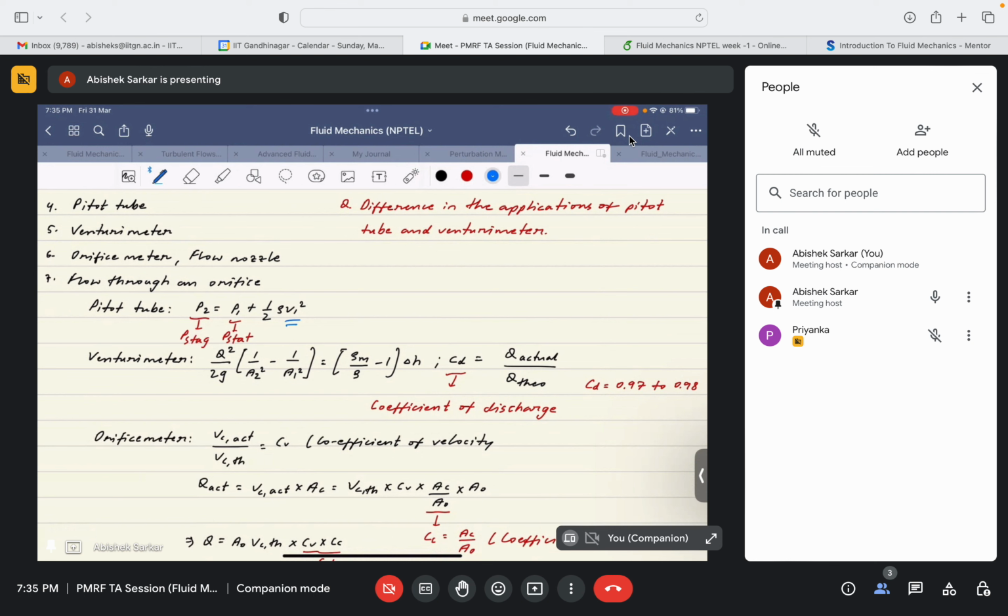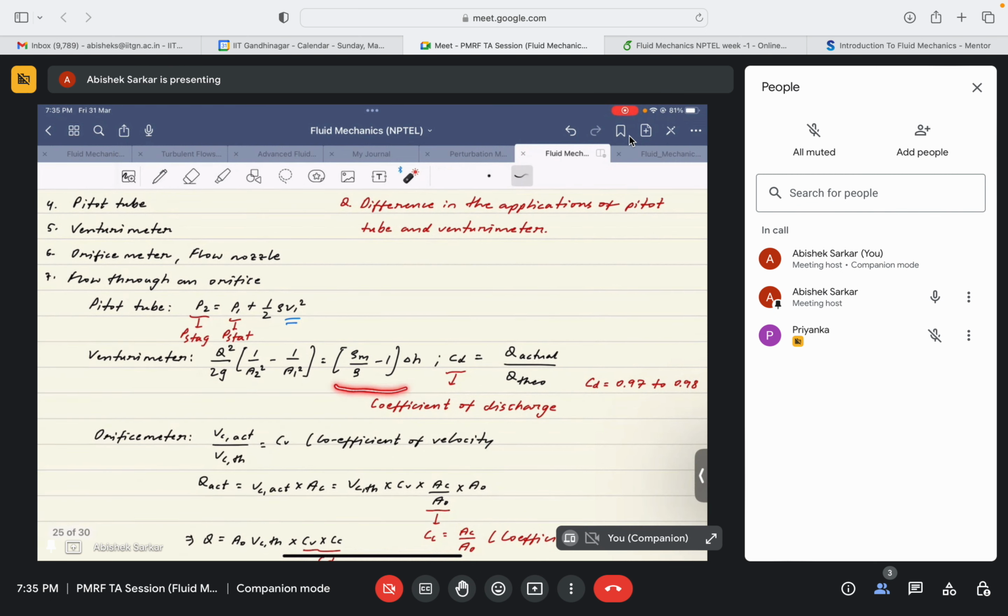Again, in the venturimeter, from this expression, the right-hand side is measured from the manometer. These two are known, this is constant, and this is the head difference between the two levels of the fluid in the manometer.